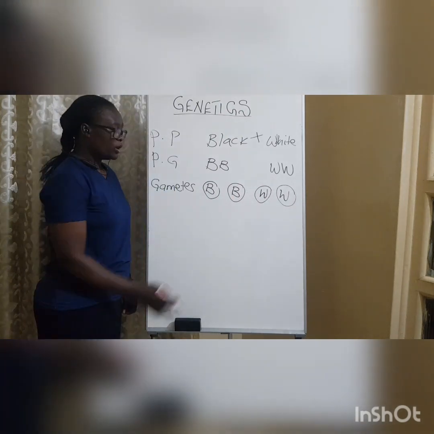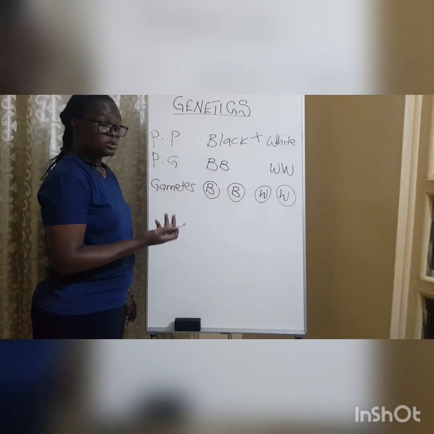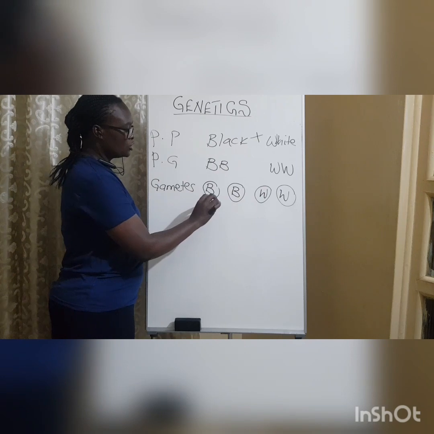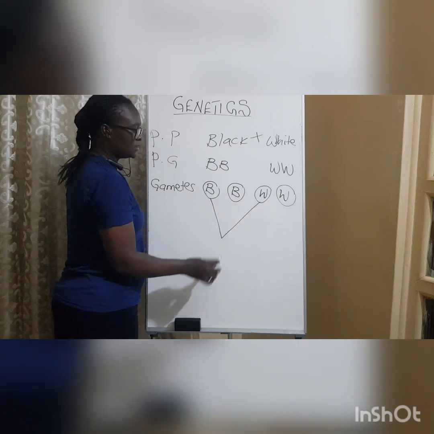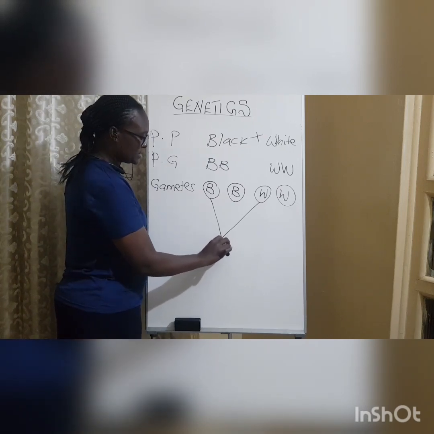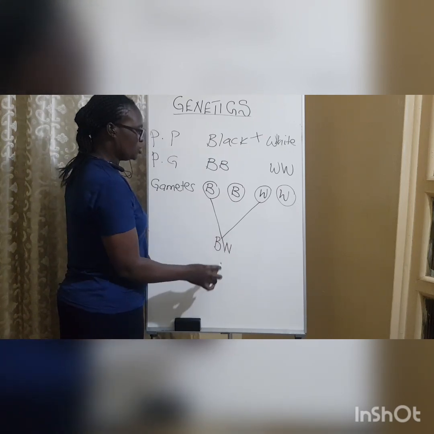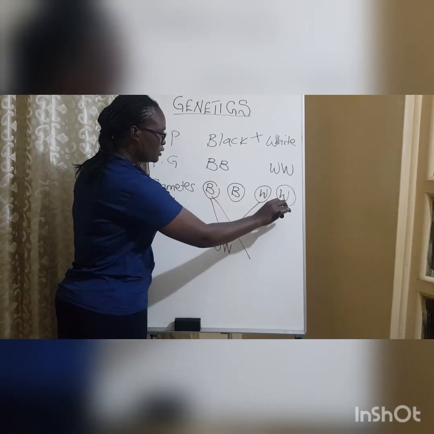So now we are going to cross this so that we come up with the offspring. So this is the genetic diagram. So this B goes with this first letter W. So we will have big letter B and W. This one goes with that letter. So we go like that.